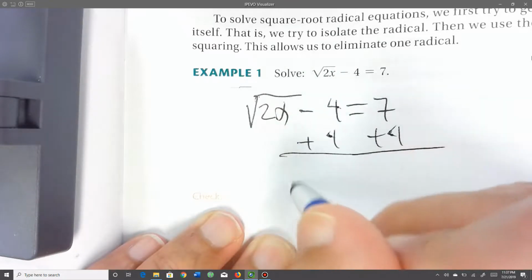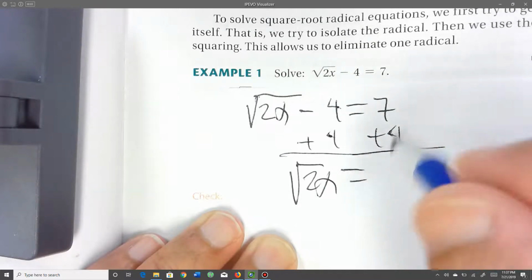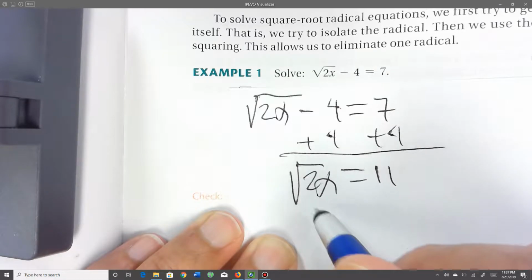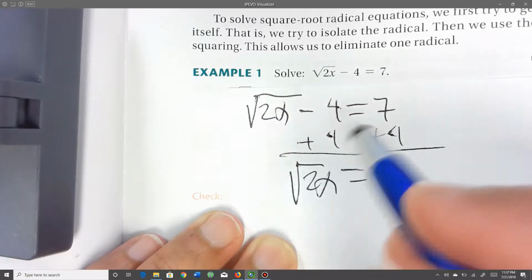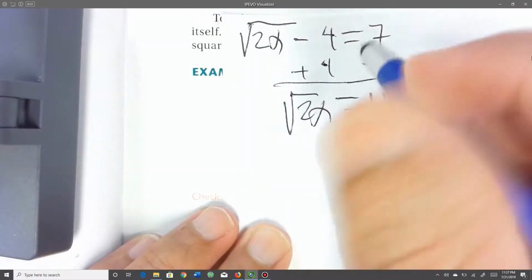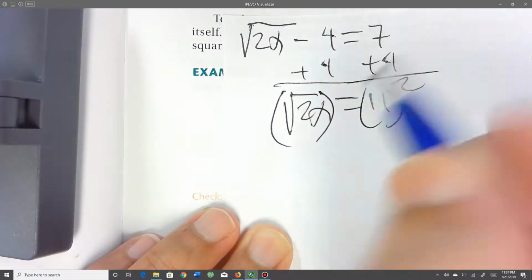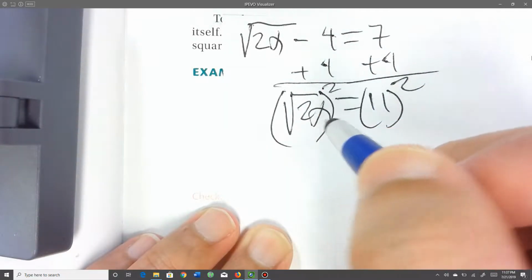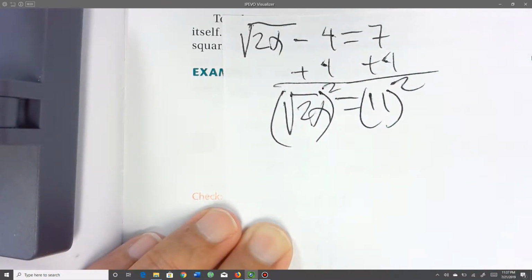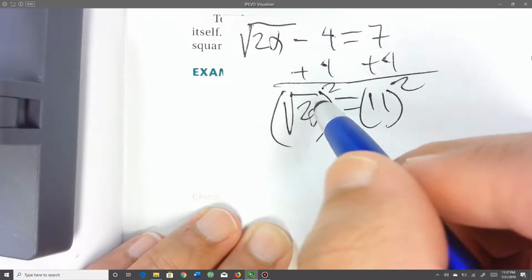This adds up to 0, so I'm just going to rewrite 2x over here equals 7 plus 4 is 11. And from here, see, now I have isolated my radical. So now I can square both sides. You're probably familiar with this step from when you used the Pythagorean theorem, and this will look similar.